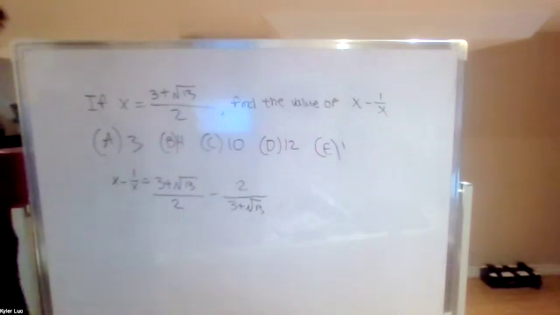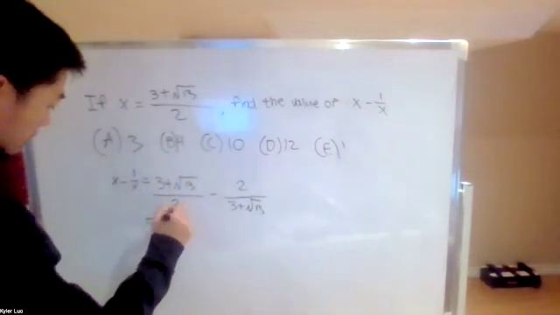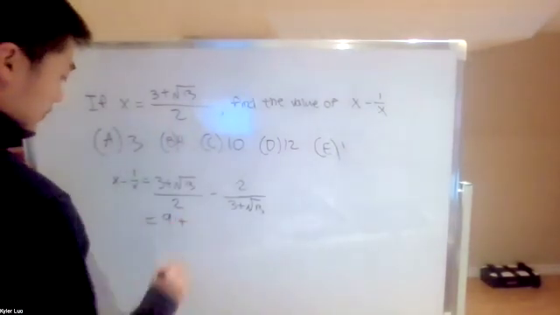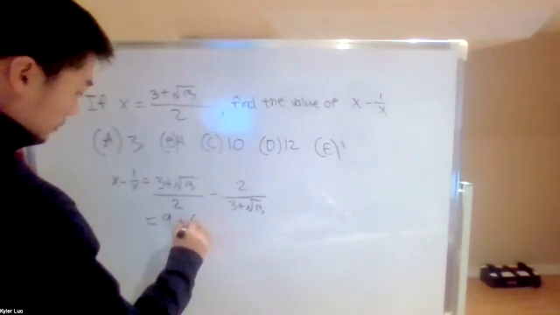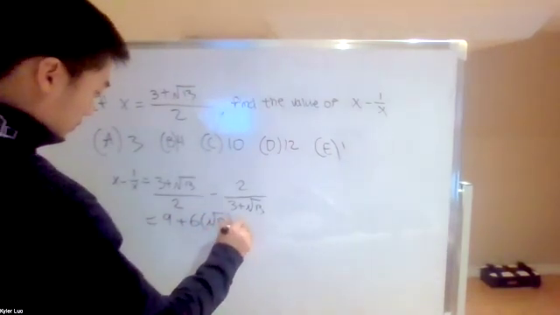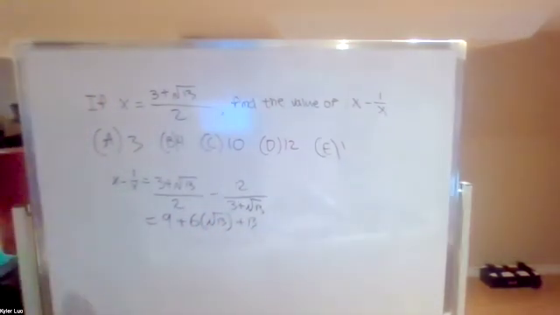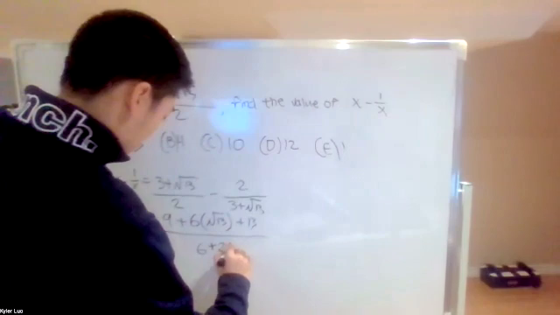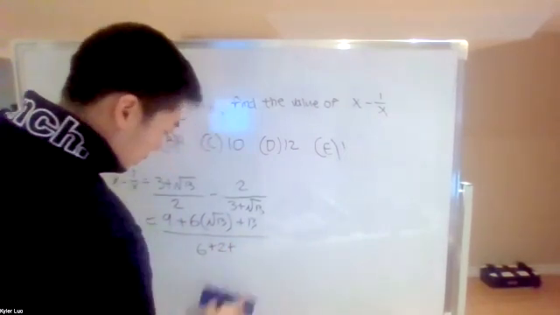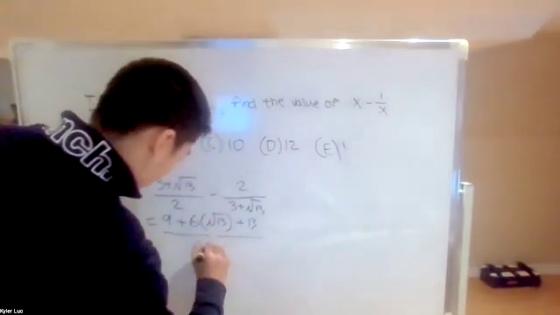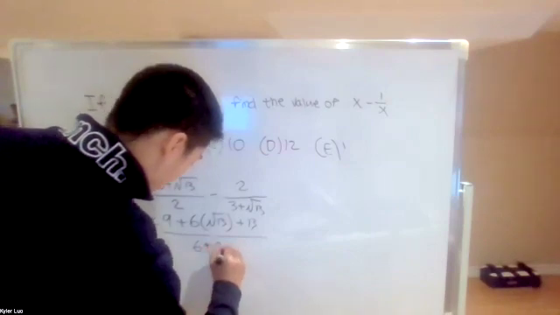So that's equal to 9 plus 6 times square root of 13, plus 13, over 6 plus 2 times square root of 13.